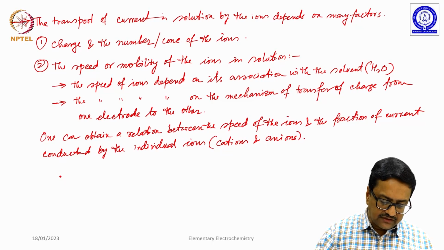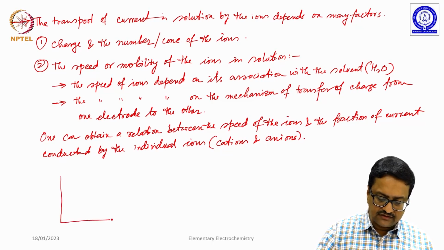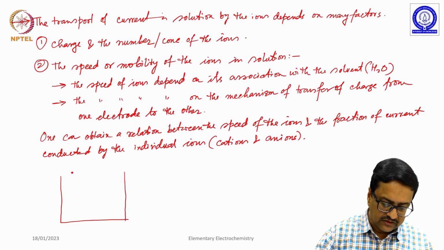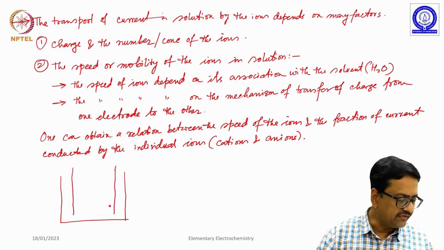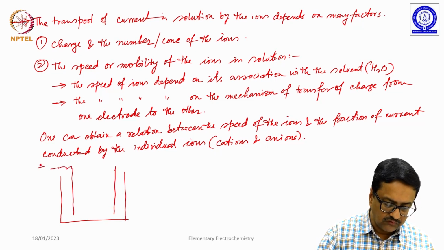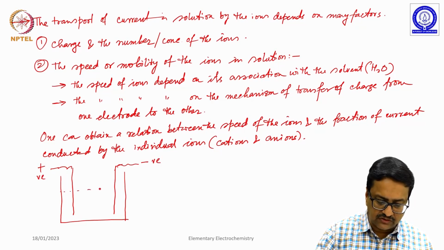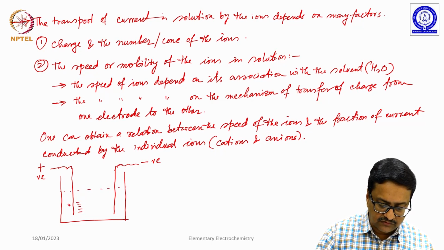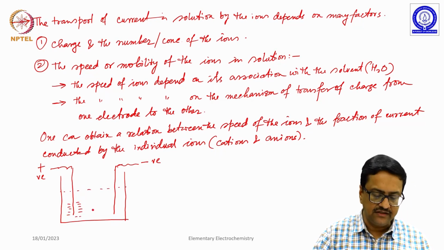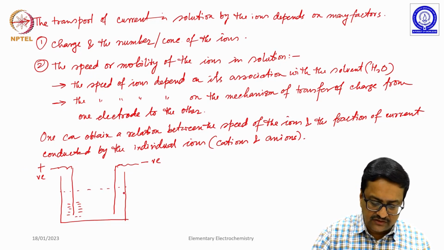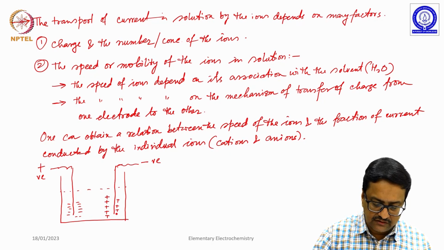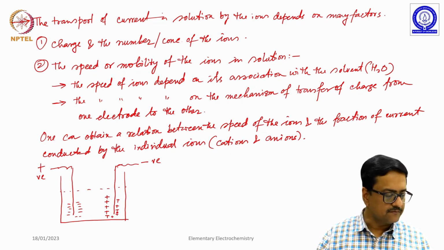So, if you assume that an electrolyte is taken in a vessel with two electrodes dipped in it, one positive and one negative, and you have both anions, which are attracted towards the positive electrode, and cations, which are attracted towards the negative electrode.